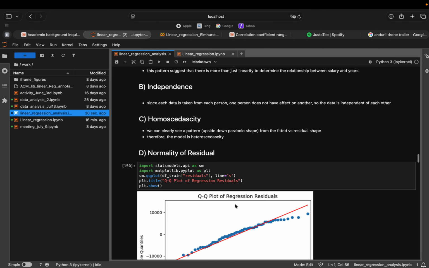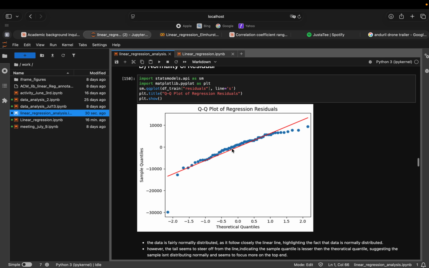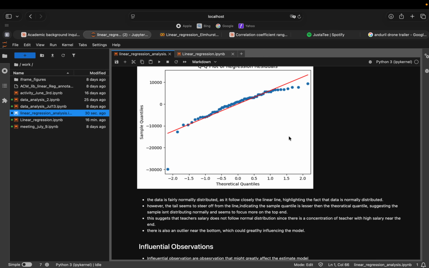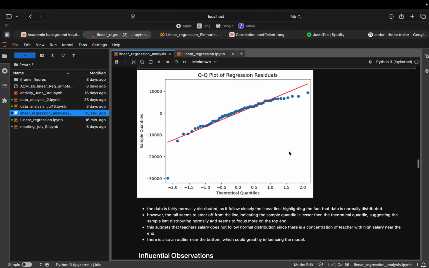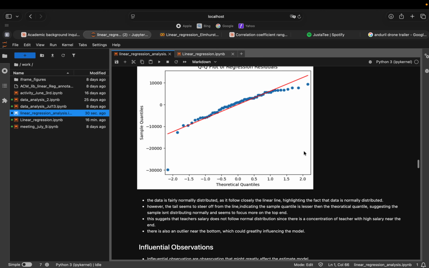And then I use a QQ plot to check the normality of the residuals, and I do see that it somewhat follows the line, but then at the end it starts to steer off. This indicates that the sample quantiles are lesser than the theoretical quantiles, suggesting that the sample isn't distributed normally and seems to focus more on the top end.